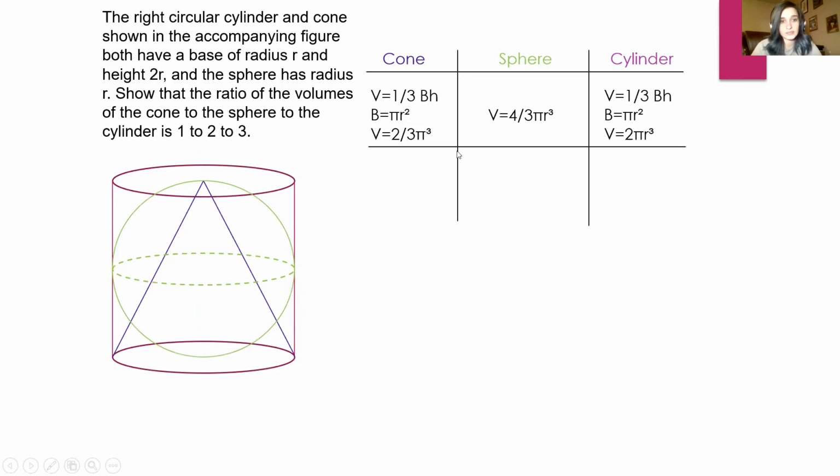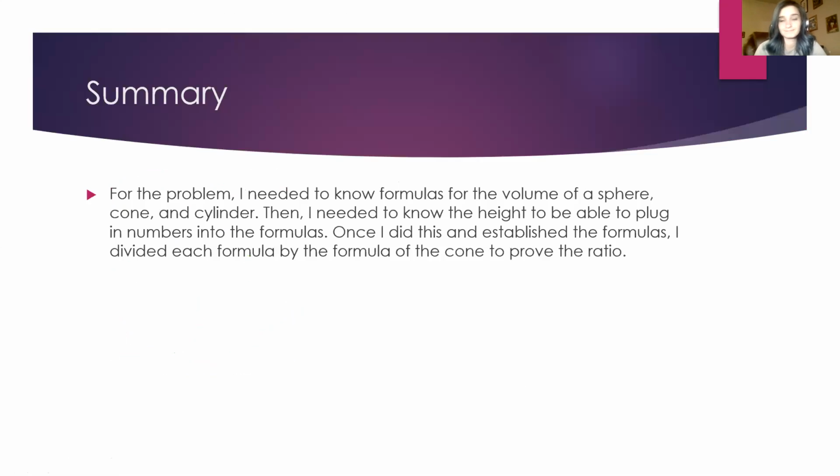So when we divide the formula of the cone by the formula of the cone, we get 1. And when we divide the formula of the cylinder by the formula of the cone, we get 2. And when we divide the formula of the sphere by the formula of the cone, we get 3. And that proves that our ratio is 1, 2, 3.